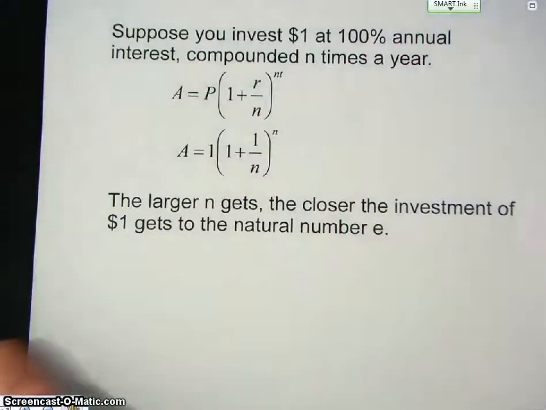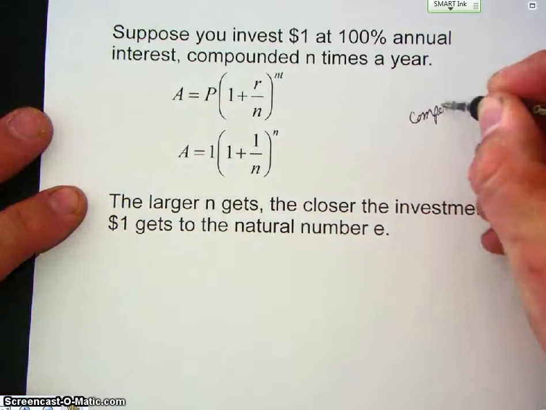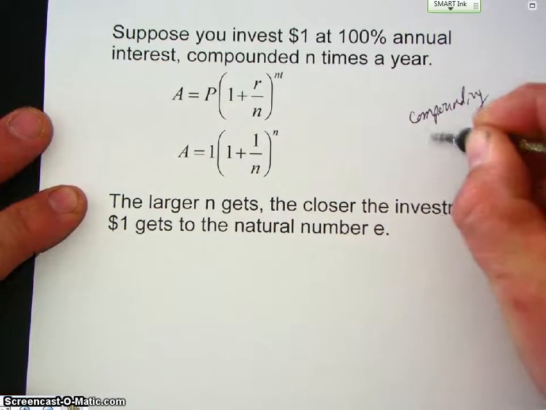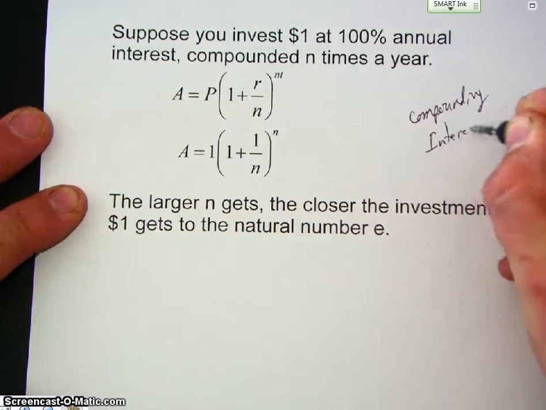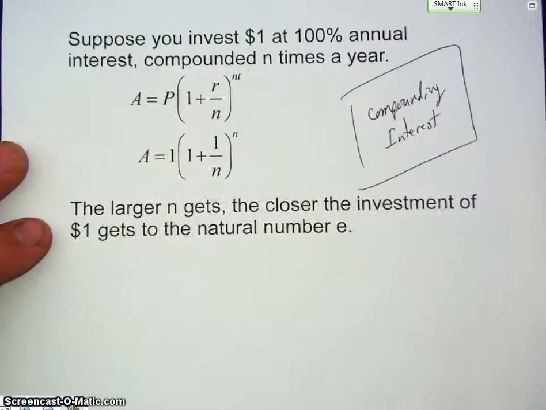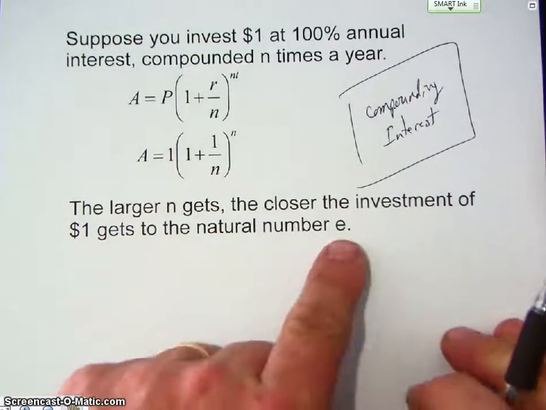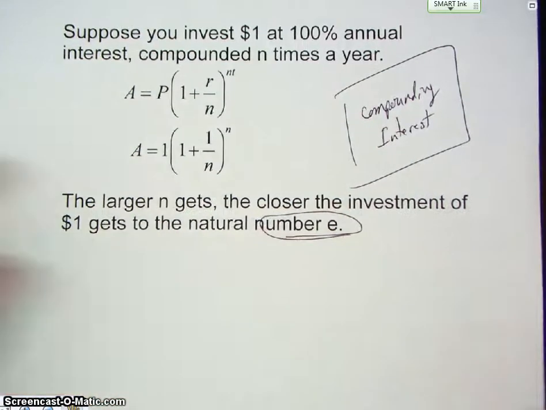Now, where does E come in the real world? It comes into finances, compounding interest. When you deal with compounding interest, you will get into equations where the number e shows up.